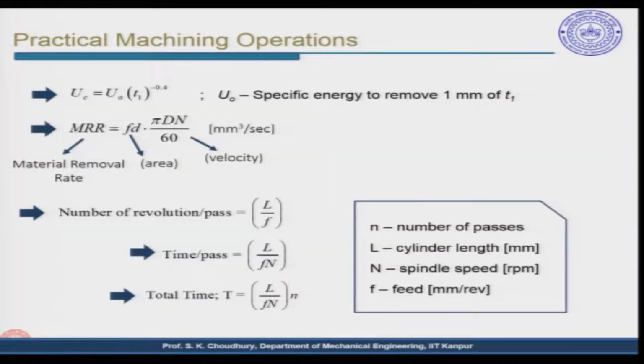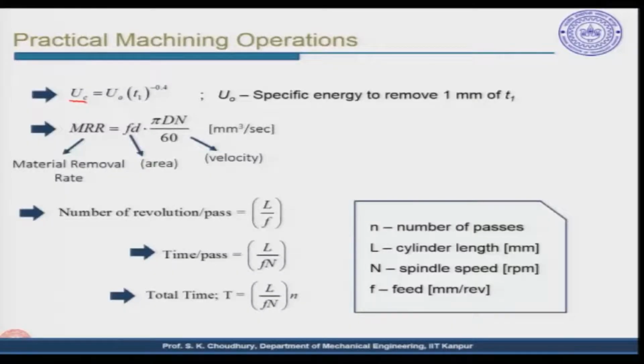Now, the Uc, that is the specific energy, there is an empirical formula. Empirical formula is the formula that is obtained by experimental analysis or the experimental results. So, the Uc can be expressed as U0 T1 to the power minus 0.4.